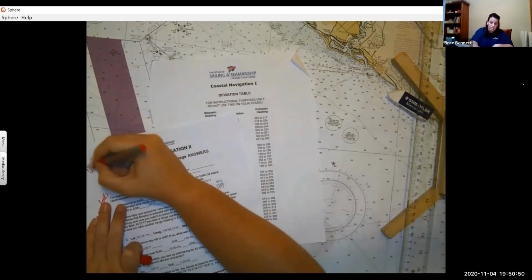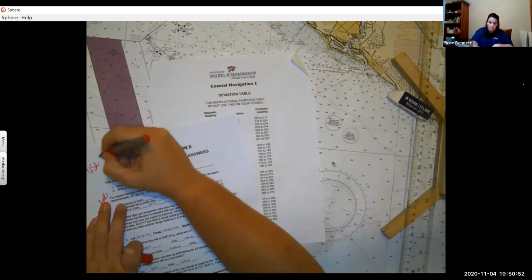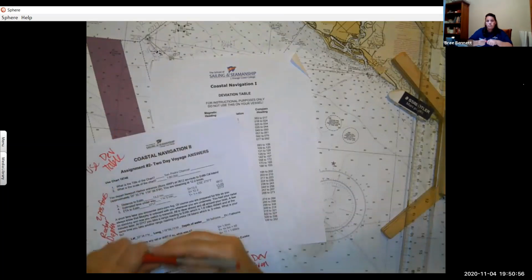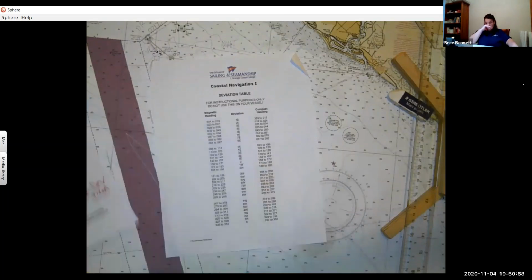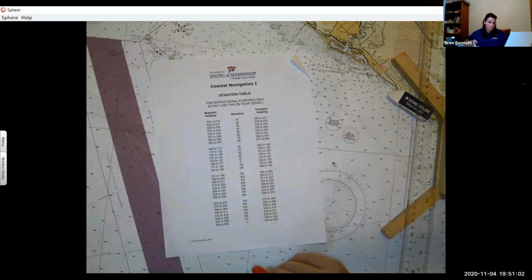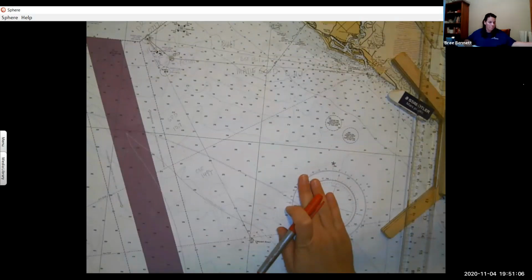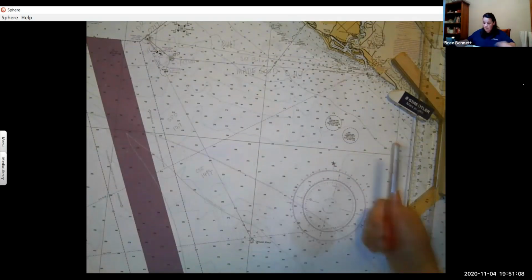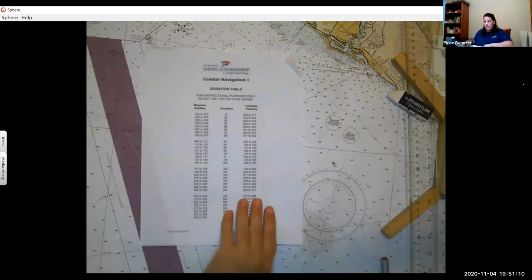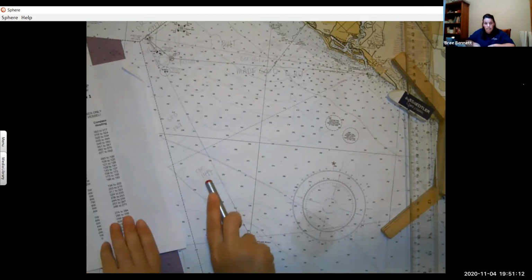So let's say use the table. I apologize for the mistakes on this. How I would do this is use my 149.